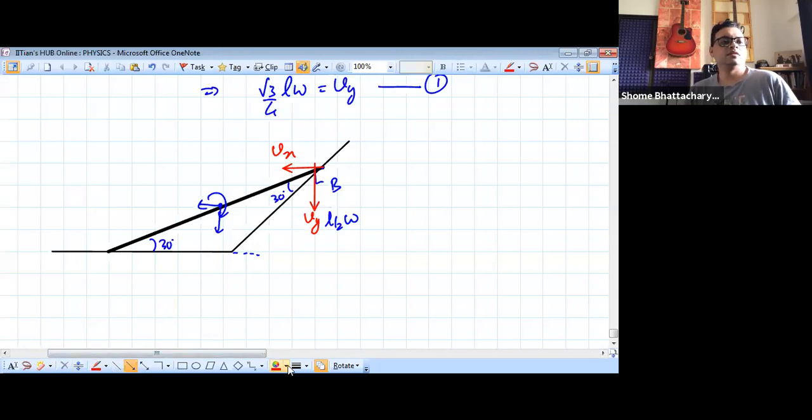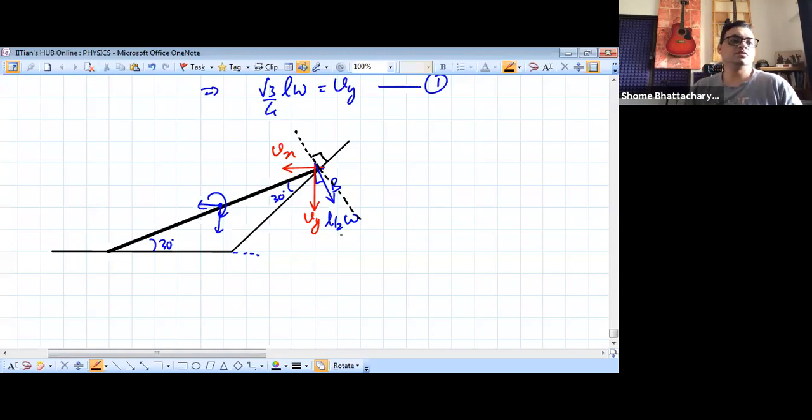Vy is like this, and that L by 2 omega. Okay, so now what is happening? It's the component of velocity along this line, which is perpendicular to the surface.